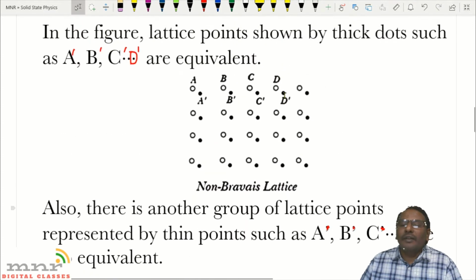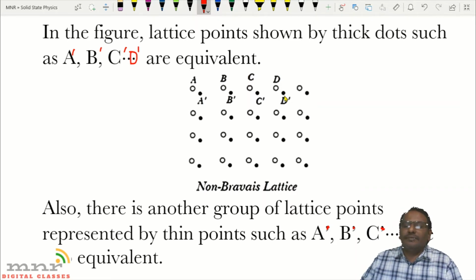Now observe here, if we consider only the circles alone, they are equivalent to each other. All of them are identical with respect to each other. Similarly, if we consider the dots represented by A dash, B dash, C dash, they are also identical with respect to each other.